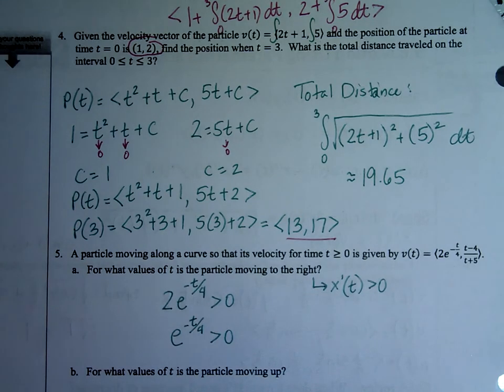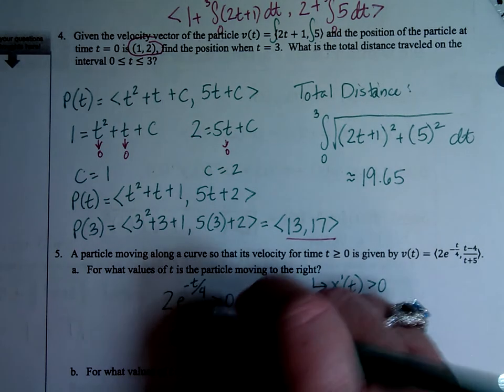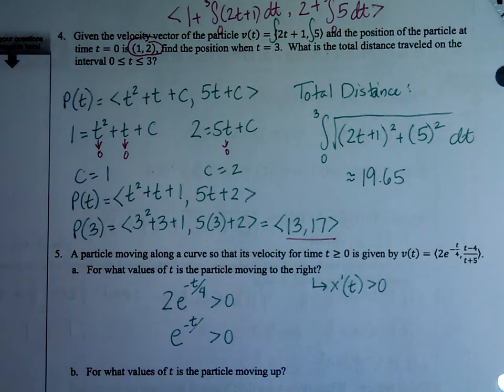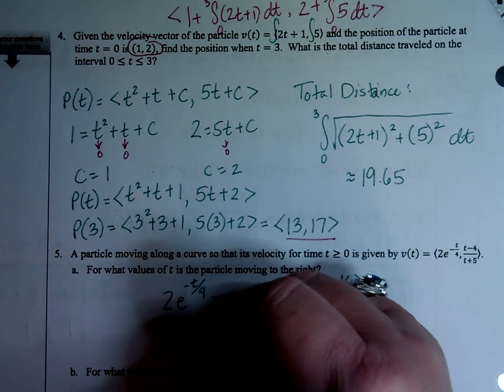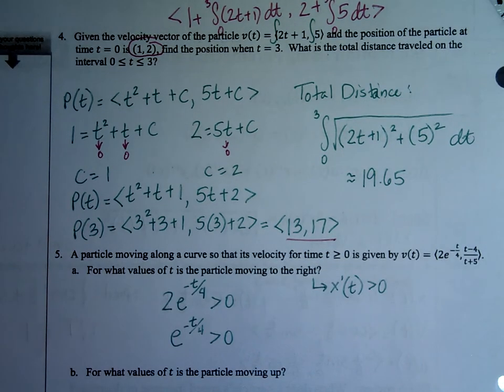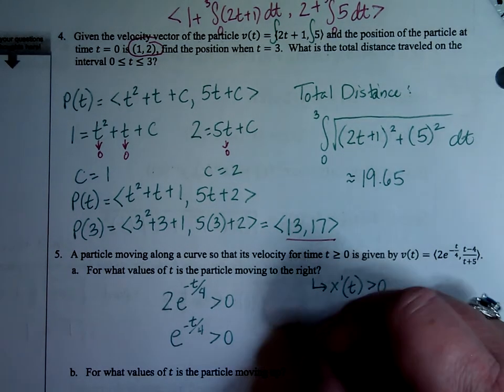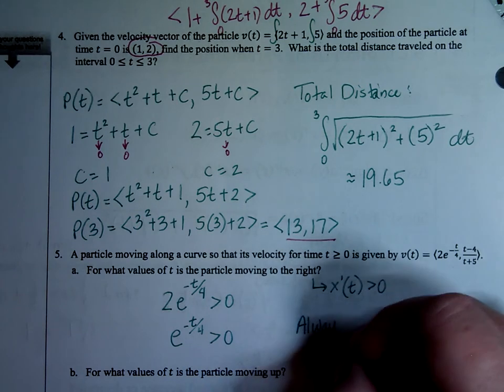A few ways that you could do this. If you go to your calculator and graph it, by the way, this is a 4, I know I said it, but you know. If I go to the calculator and graph it, you'll see that it's always positive, this guy. It is always positive.